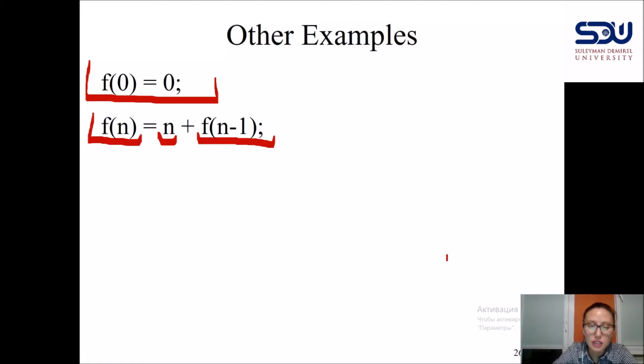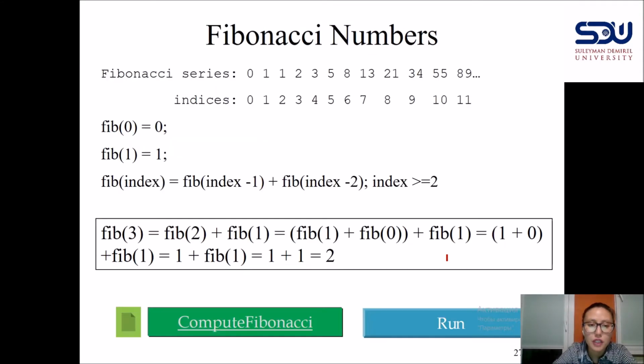Sometimes in the recursion we may have two bases, as in this example with Fibonacci numbers. What is here? Here we have two bases.